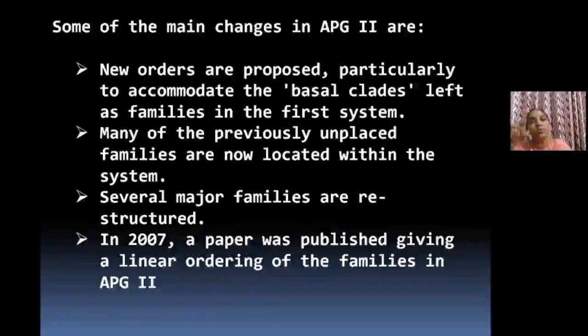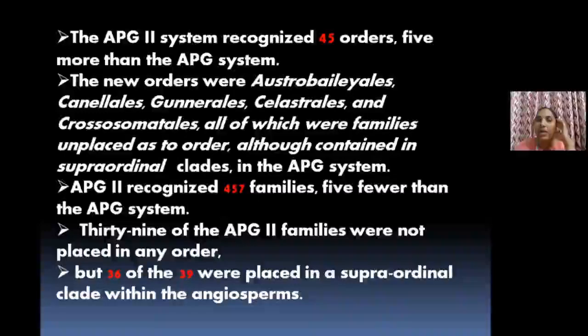Then a 2007 paper was published giving a linear ordering of families in APG. So the difference from APG1 is that some restructuring happened here. Those families or groups having no position in the first APG1 here got a position, and they are arranged into a particular group of families. That is a fundamental difference. Now here there are 45 orders, 5 more than the APG1 system.